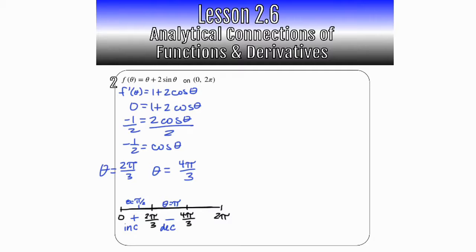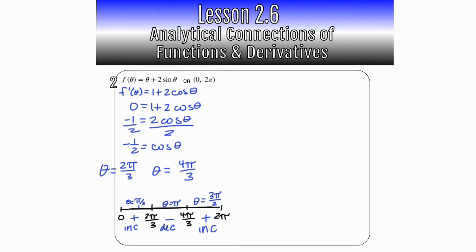And then between 4 pi over 3 and 2 pi, I'm going to choose theta to be 3 pi over 2. And so whenever I plug this in, f prime of theta is going to be positive, so this is going to be increasing.